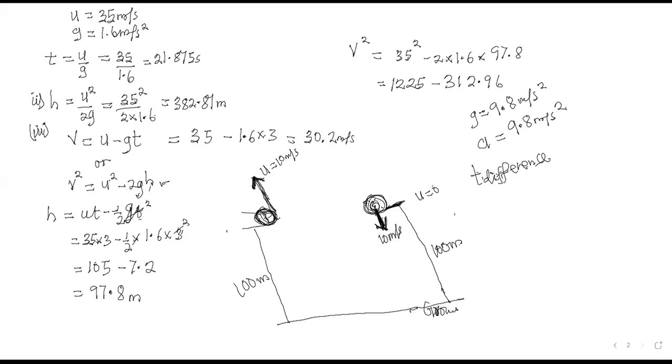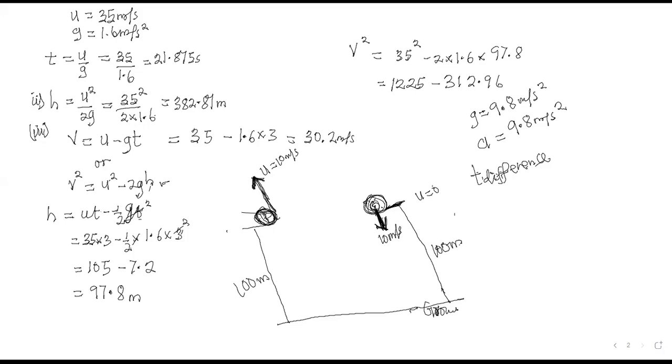Then Q, on the other hand, is projected with the same velocity, 10 meters per second. So the time taken to move from here, it drops. So the time interval is the difference between the time of flight of both.